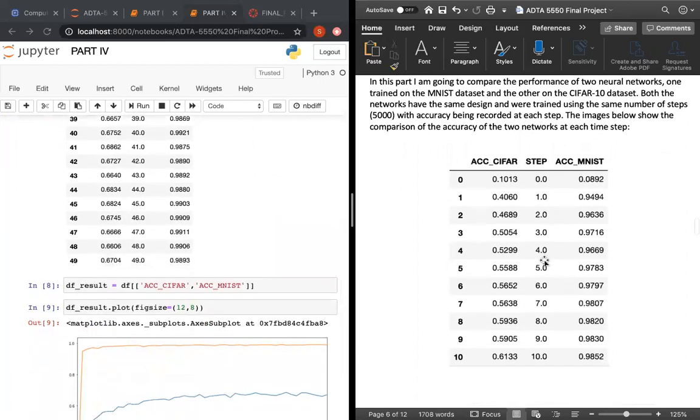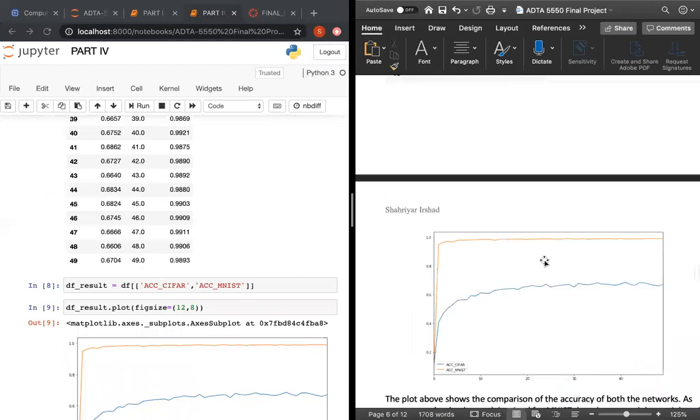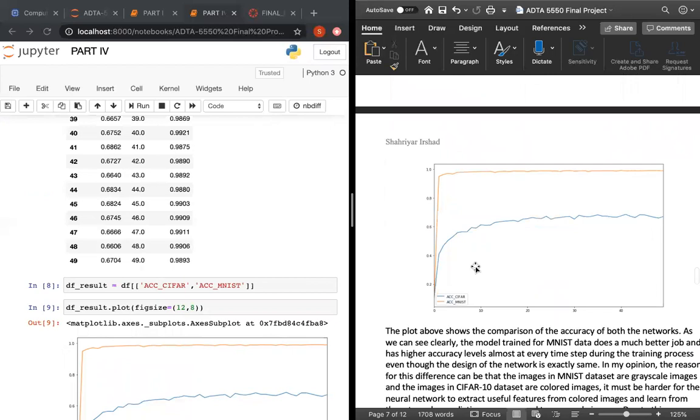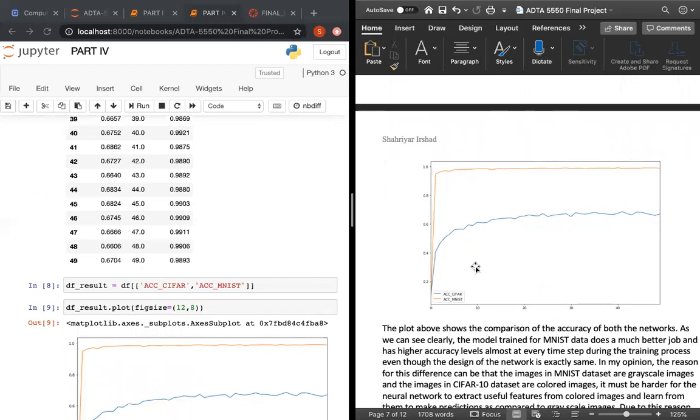I have a plot here which shows the progress of accuracy levels in both of these models. This blue line shows the accuracy levels from CIFAR 10 dataset, and the orange line shows the accuracy levels from the MNIST dataset. By seeing the plot, we can clearly tell that the MNIST dataset did a lot better than the CIFAR 10 dataset.